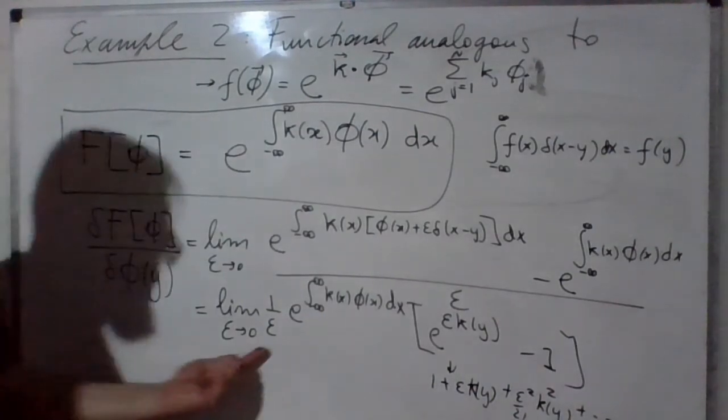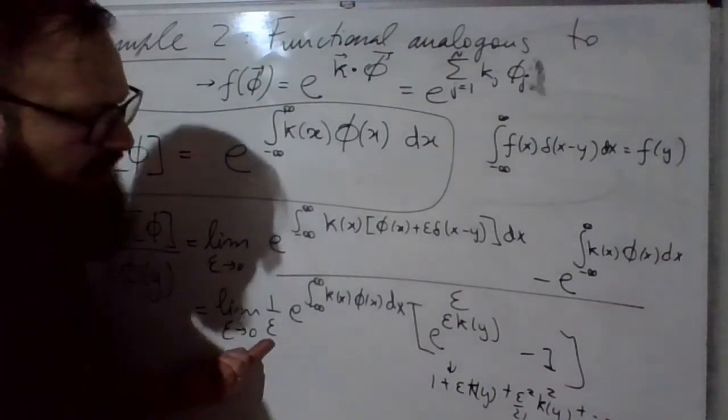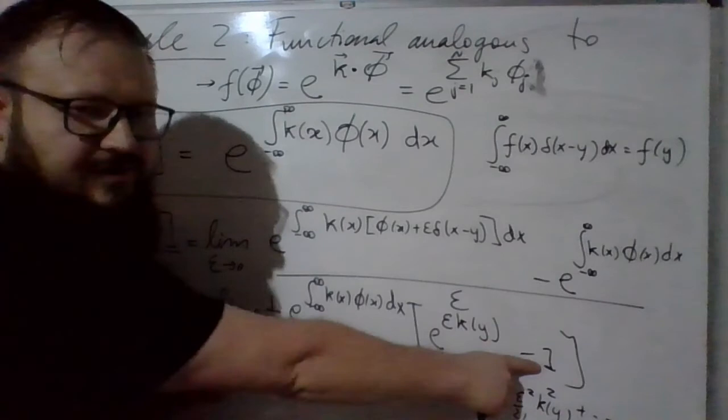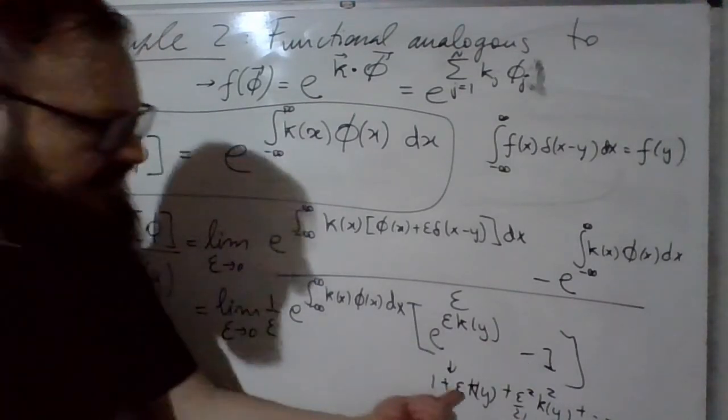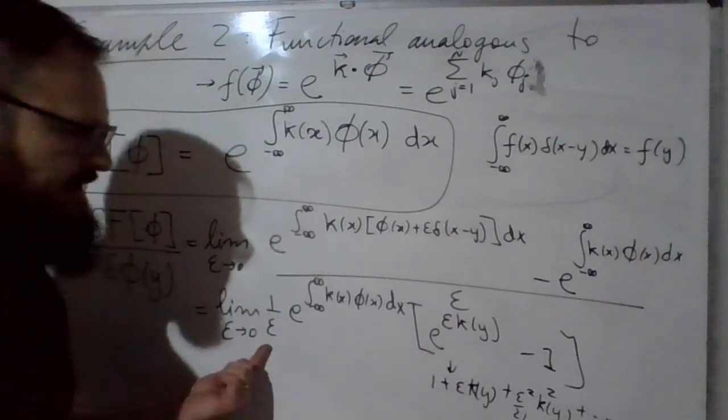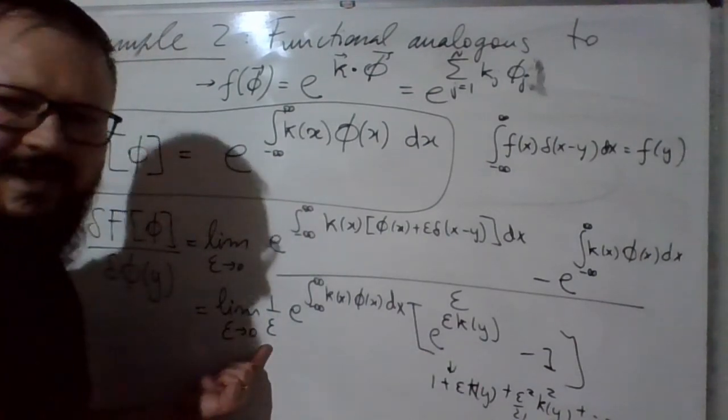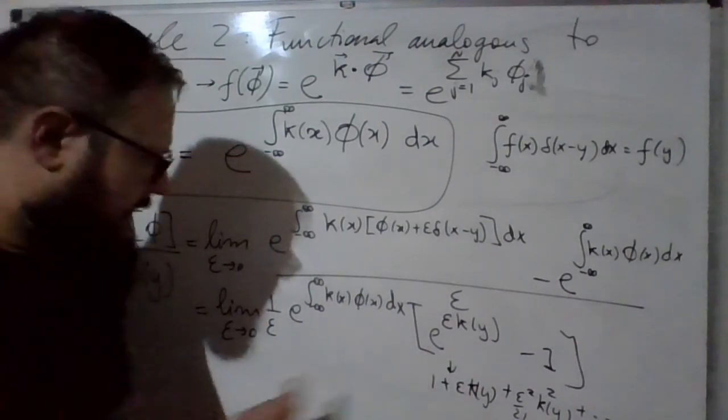But notice, I need to divide by epsilon. This one cancels that one. This one cancels that one. The second term is epsilon divided by epsilon. In the limit, it's just k of y.